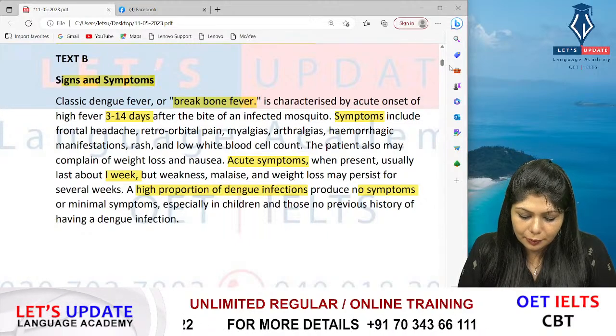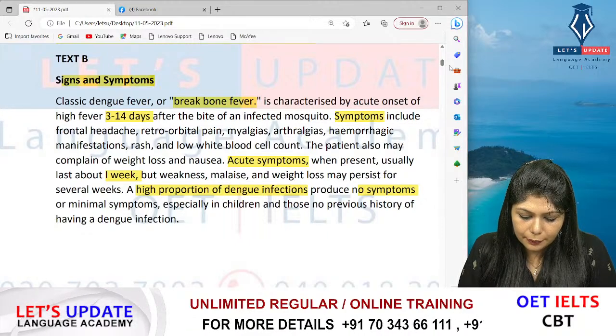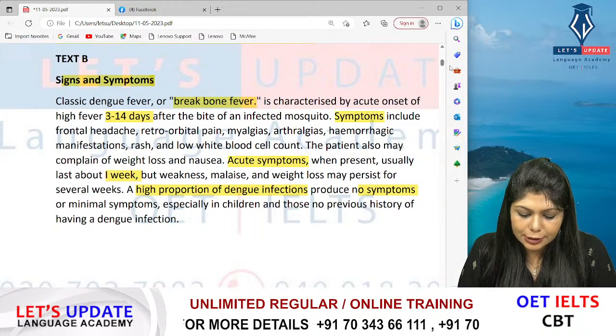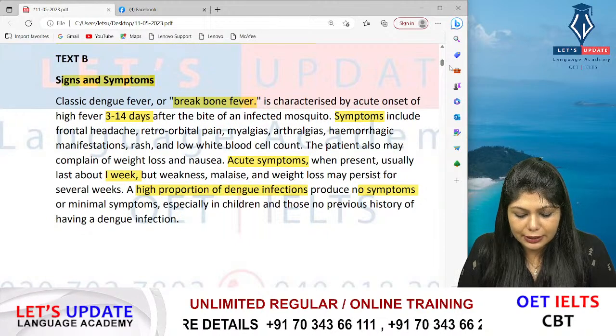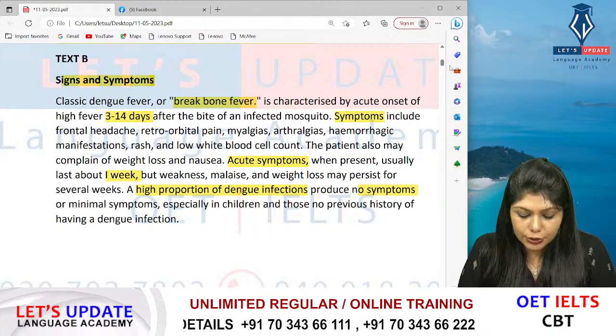Yeah, I can see answers coming up. Juicy Putin has responded with weight loss. Smita Raj responded with weight loss and nausea.